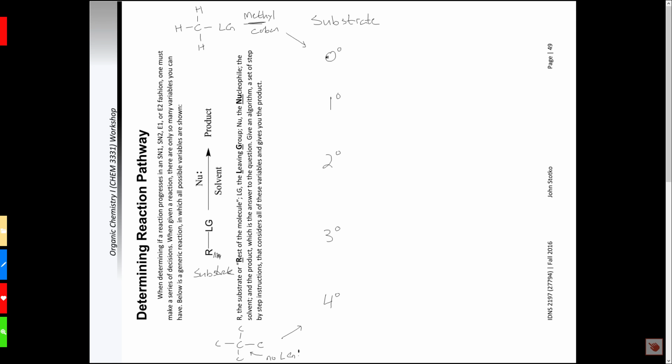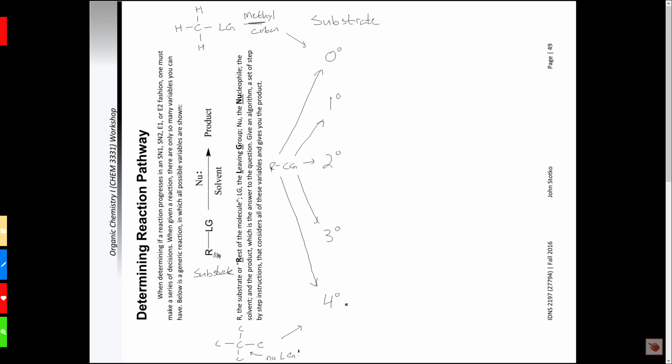So we've made a decision. We have some sort of R-LG, we've identified this, and we can go that way, that way, that way, that way, or that way. That's our first decision: how many carbons are connected to the carbon that holds my leaving group?